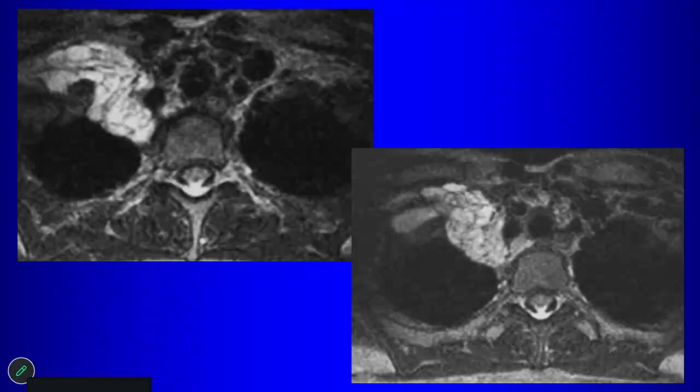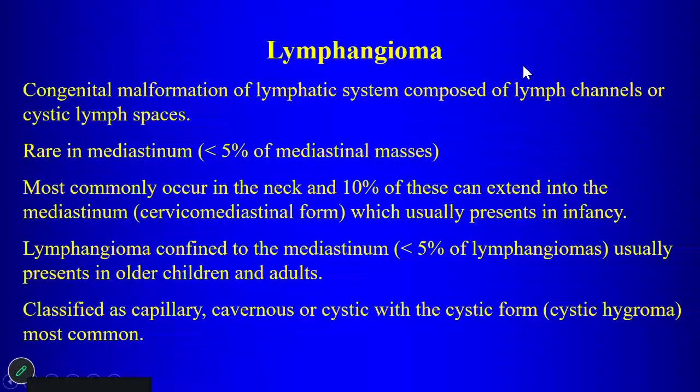And the findings here on the MR, this T2 weighted MR, are also very helpful. So what are we dealing with here? Lymphangioma. So what are the findings on the MR? Septations, right? So these tend to be septated lesions. So that's a lymphangioma. These lymphangiomas are congenital malformations of the lymph channels. Most commonly occur in the neck, but they can extend down to the mediastinum.